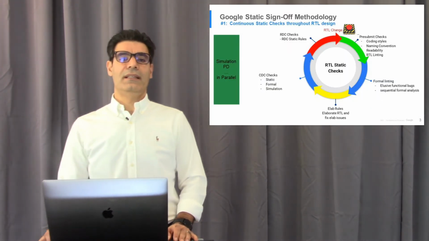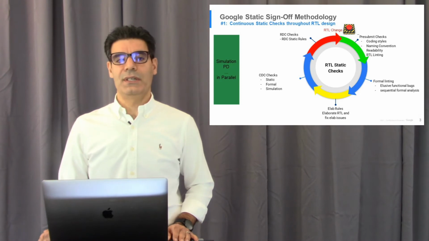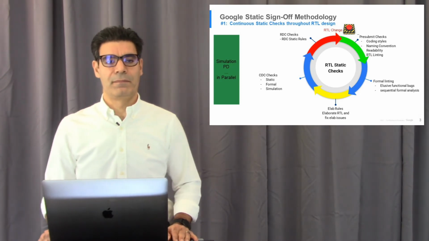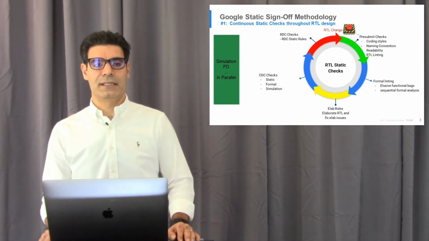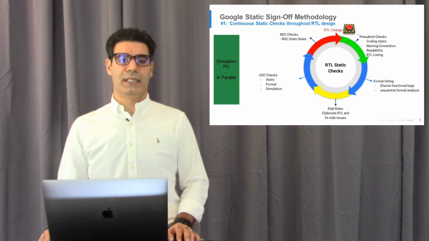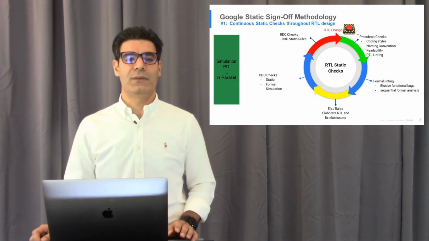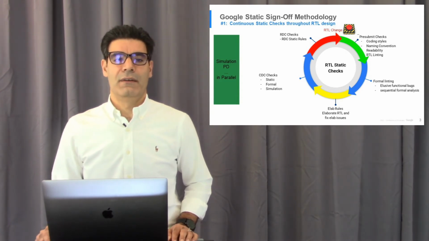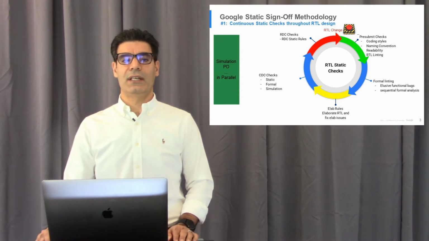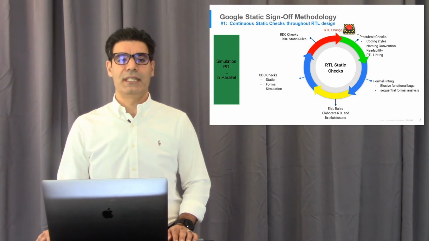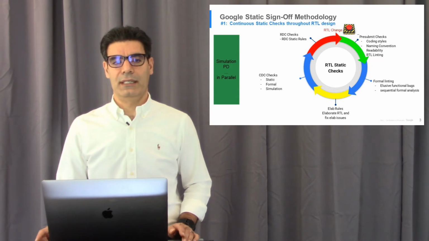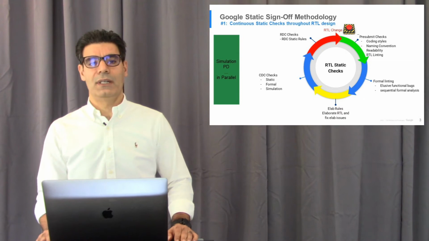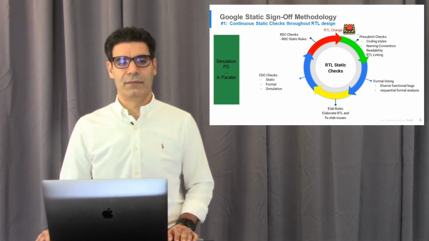Now let's look at how our static sign-off methodology works on cloud. As soon as we have some RTL changes, we first run our pre-submit checks. I will provide more details for this step in the next slide. When the code is in, we kick off several tasks that run in parallel. We use an RTL linting tool for RTL linting, autoformal, and CDC and RDC sign-off.